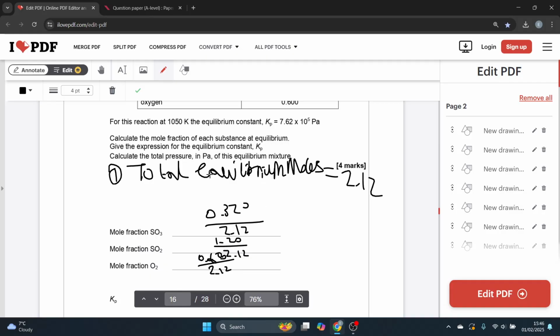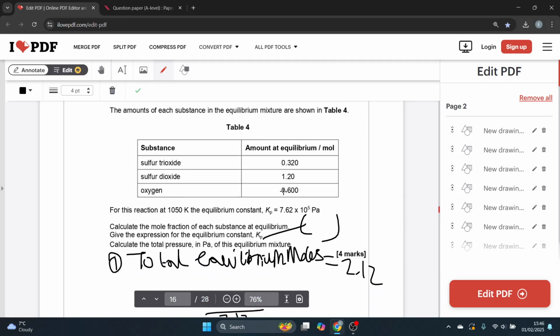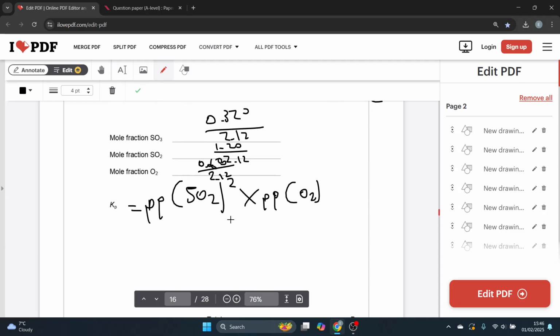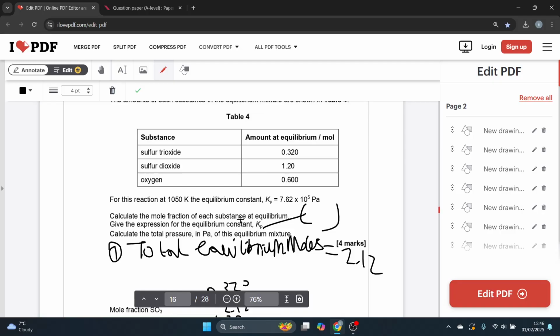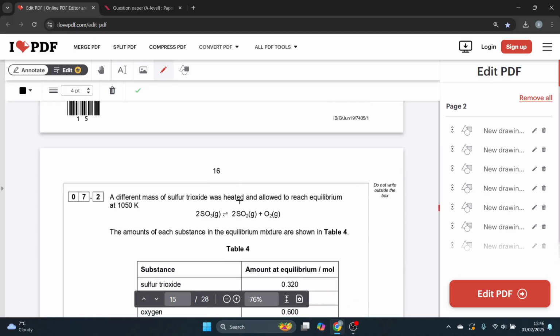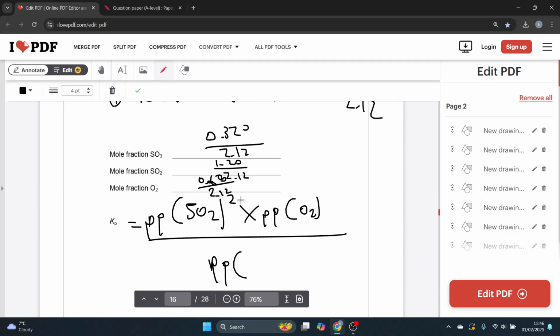Then it says give the expression for Kp. Well, Kp is products over reactants, so it's going to be the partial pressure of the product SO2, 2 moles of it, so squared, times the partial pressure of O2, just 1 mole, divided by the partial pressure of SO3 squared.